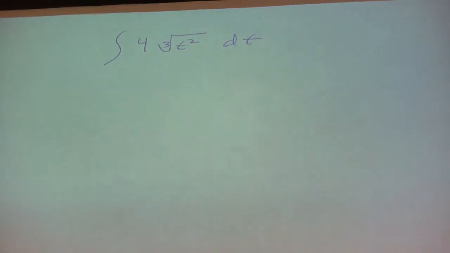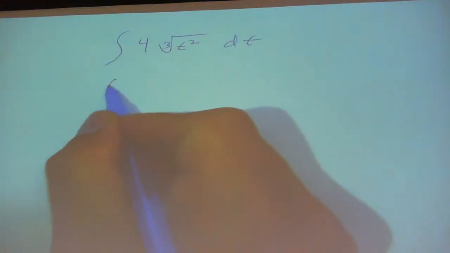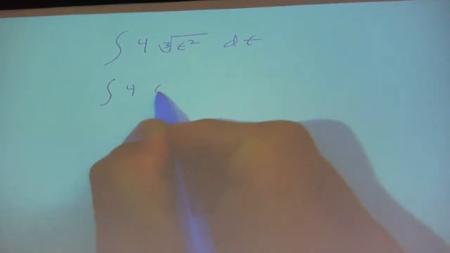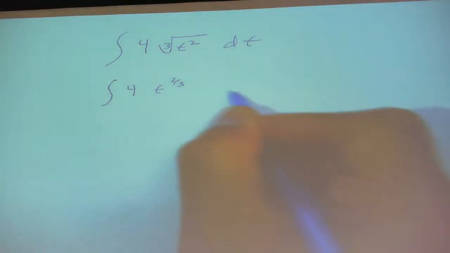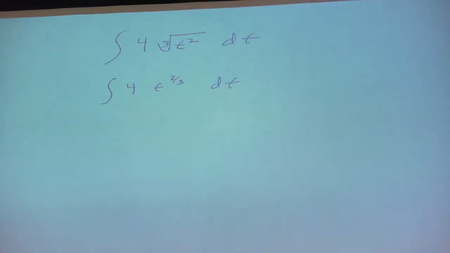Absolutely. How do you rewrite it? This is going to be the integral of 4 t to the what? 2/3. So again, if it looks a little weird, rewrite it first, then take the integral. I don't care if it's a negative, I don't care if it's a fraction, it's still add 1, divide by it. Use your calculator and simplify.